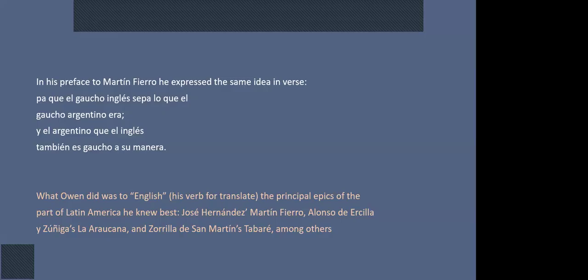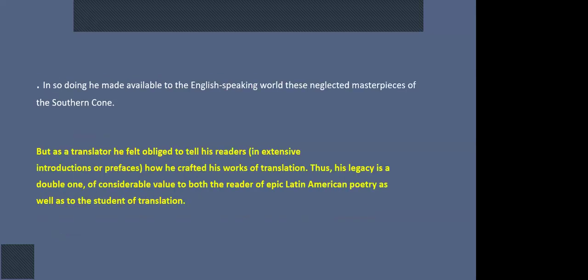And he did this, I think, not necessarily for business, but just for the sake of helping people understand or learn about literature from other parts of the world. In so doing, he made available to the English-speaking world neglected masterpieces of the Southern Cone, right?